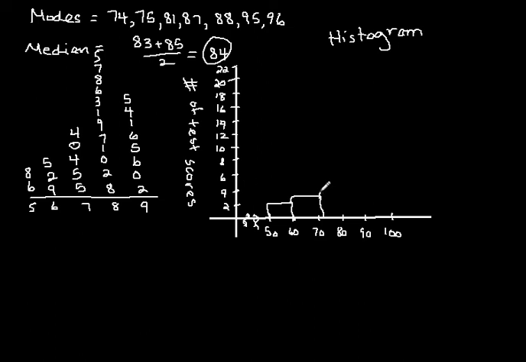You don't normally write the numbers in. And from 80 to 90, we have 1, 2, 3, 4, 5, 6, 7, 8, 9, 10, 11, 12. So we have 12 numbers. I shouldn't have counted these by 2s actually. Okay, 12 would be way up here.